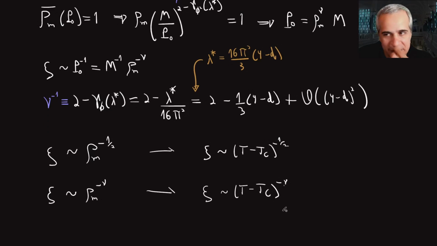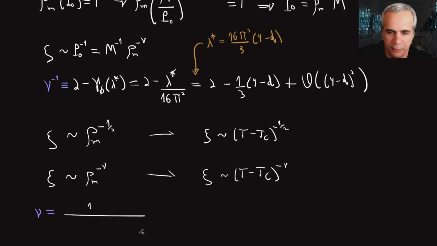And this is the definition of nu: nu is equal to 1 over 2 minus 1/3 times 4 minus d, plus other contributions of order 4 minus d squared. And of course you can see that as I go to exactly 4 dimensions, this goes back to the minus half that we want.